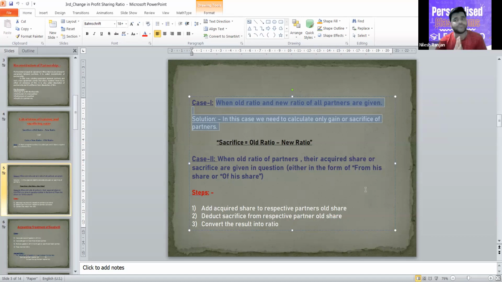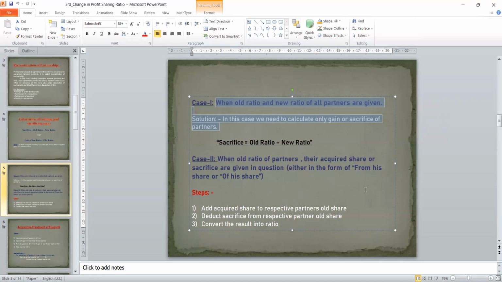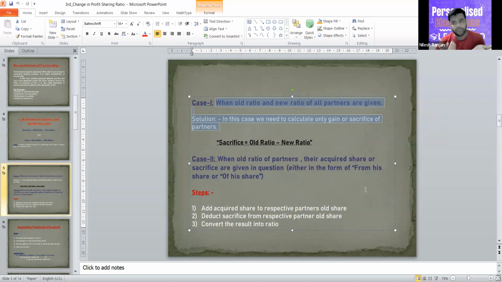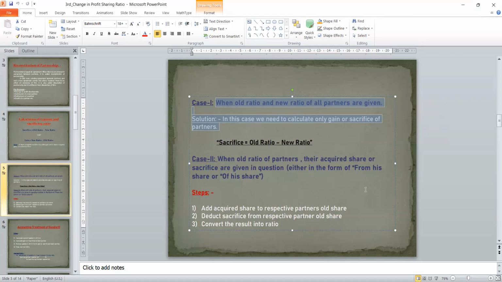It is clear? The second case, when old ratio and gain or sacrifice are given, we have to calculate only the new ratio.